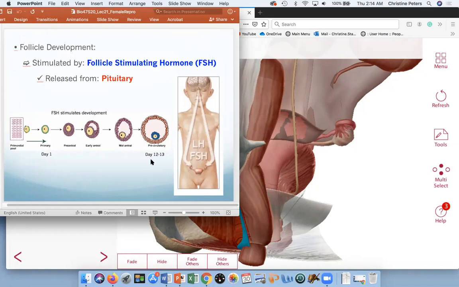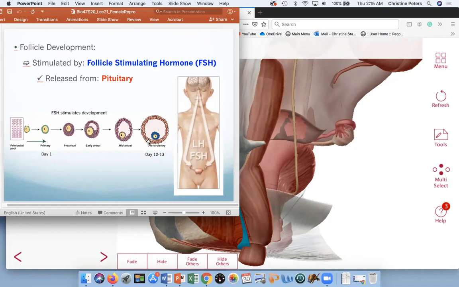So this is right around day 12, day 13. This is right before it's about to ovulate. You'll notice that not only do we have lots of follicular cells, we have this large central antrum that'll be filled with follicular fluid, which is also made by these follicular cells. So that'll start to accumulate. That's going to create an internal pressure.